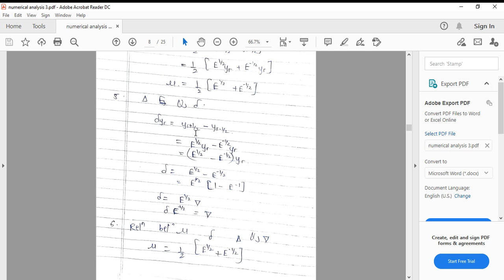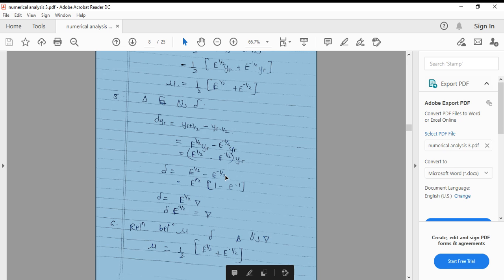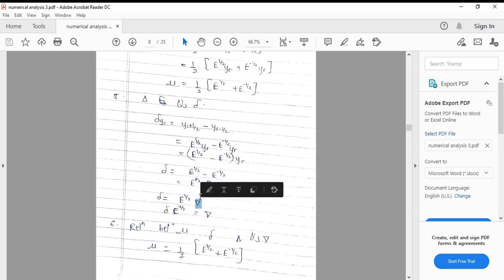Now, if you take E raised to half common, the E raised to minus half we already have, again you have to divide by E raised to half. So that will be minus half minus half, which is minus 1. So here we can get E raised to minus 1. So what is the value of 1 minus E raised to minus 1? Just now we have seen this is the backward operator.